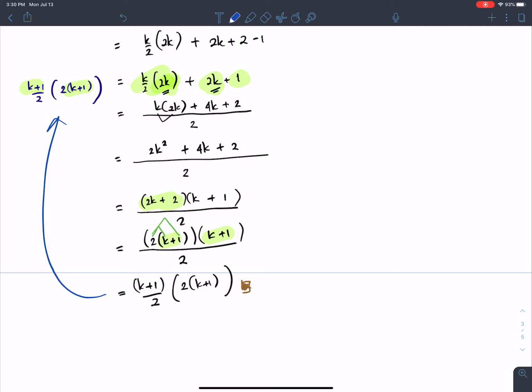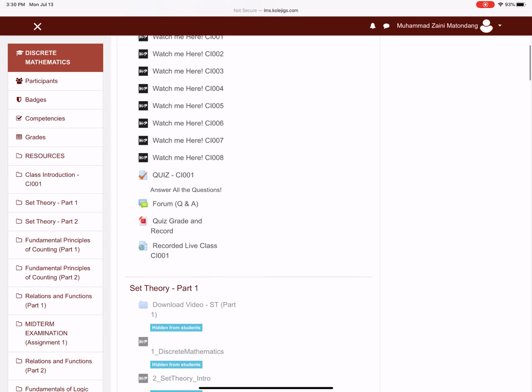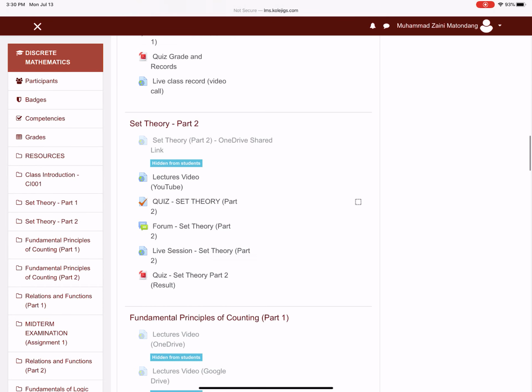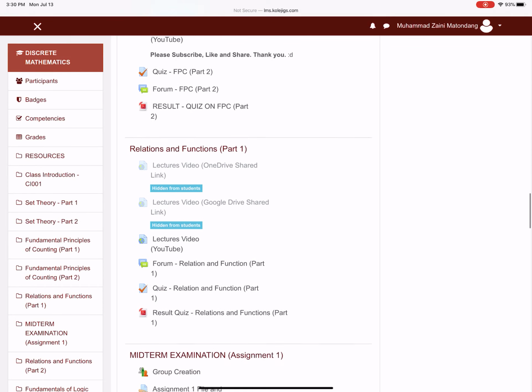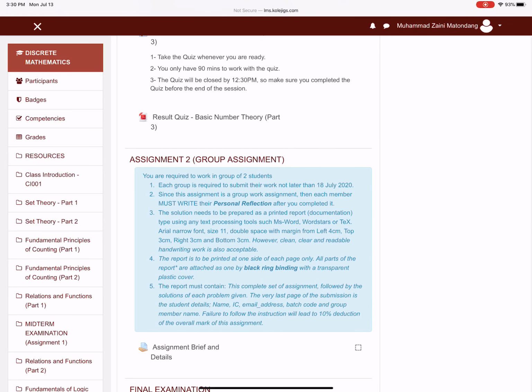Before that also, I would like to remind you again that I already uploaded the assignment 2, as I mentioned in the group. You can find all the details on your LMS here. So the submissions will be on the 18th July. If I'm not mistaken, that will be on Saturday.